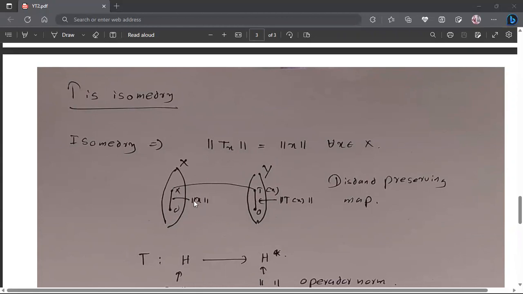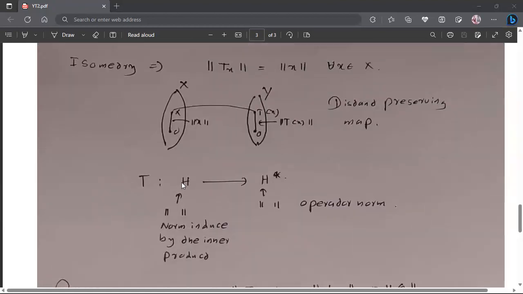So if we take the image of x, which means Tx, and we calculate the norm of Tx with respect to the origin, which means the length of this vector, these two lengths are equal. That implies this function T is an isometry.